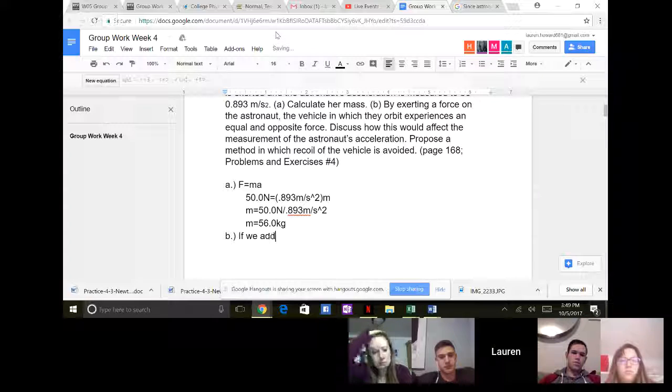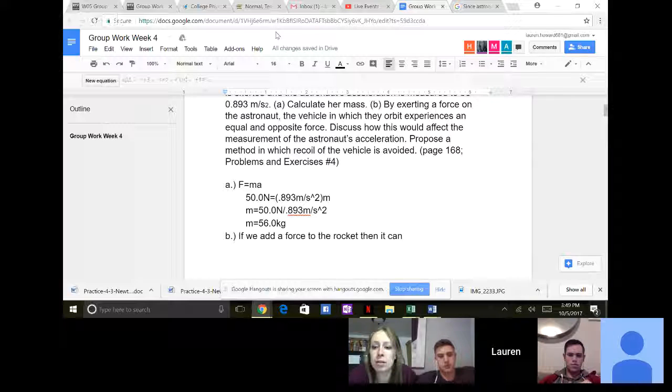So if we add a force to the rocket, all right, I'll just add it. So if we add a force to the rocket, it can kind of move with the astronaut. I think it has to be equal to the force of the astronaut too.